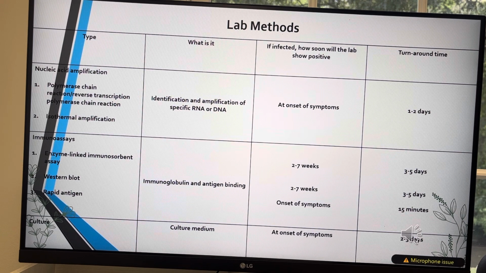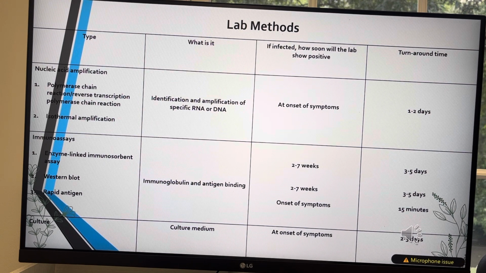For example, viruses. Viruses are single-celled microorganisms. They have either RNA, like Zika, dengue, chikungunya, or they have DNA, like herpes.